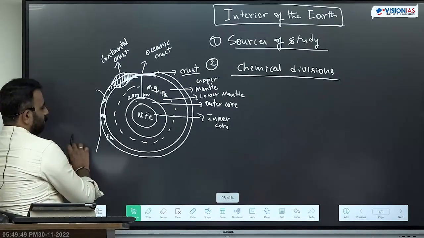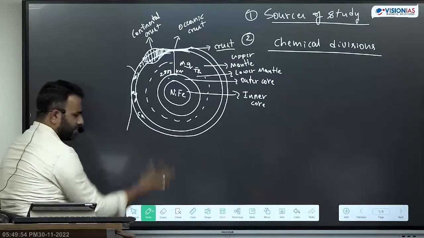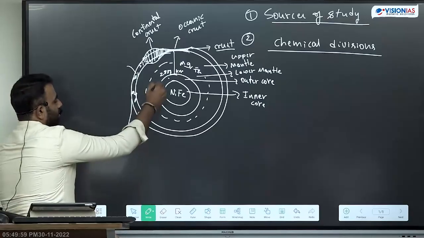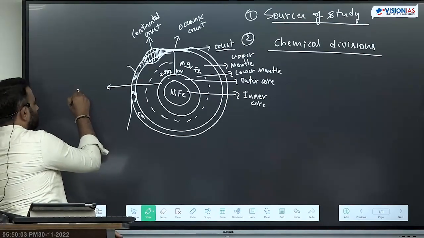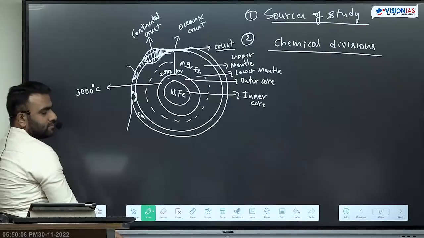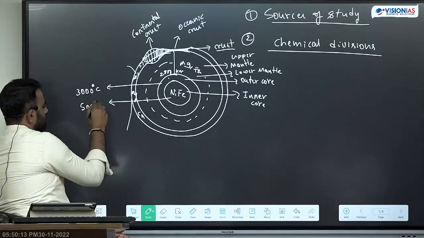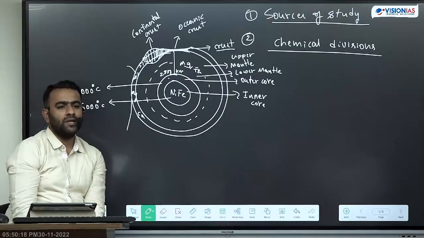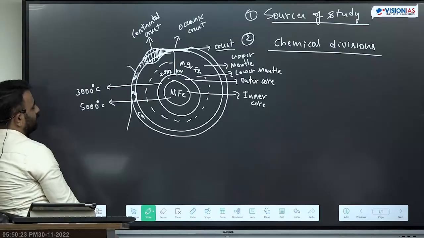For example, we have to see the prevailing temperature and the melting point. What do you mean by prevailing temperature? The temperature which is present over there. Let's say the prevailing temperature in the outer core is around 3000 degrees Celsius, and in the inner core around 5000 degrees Celsius, somewhere between 5000 and 5500.